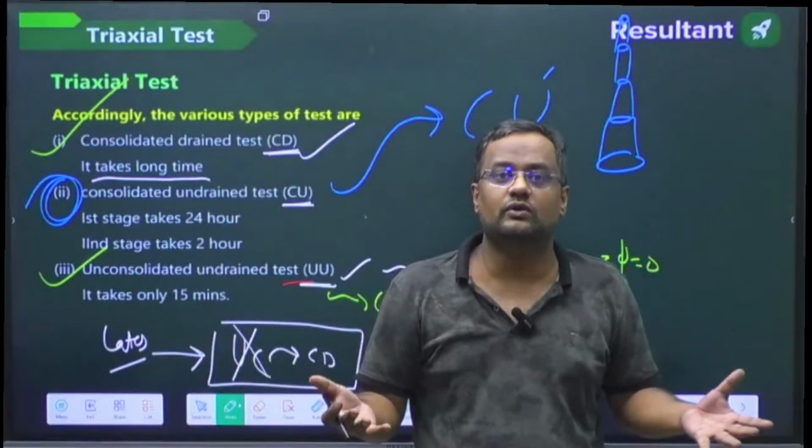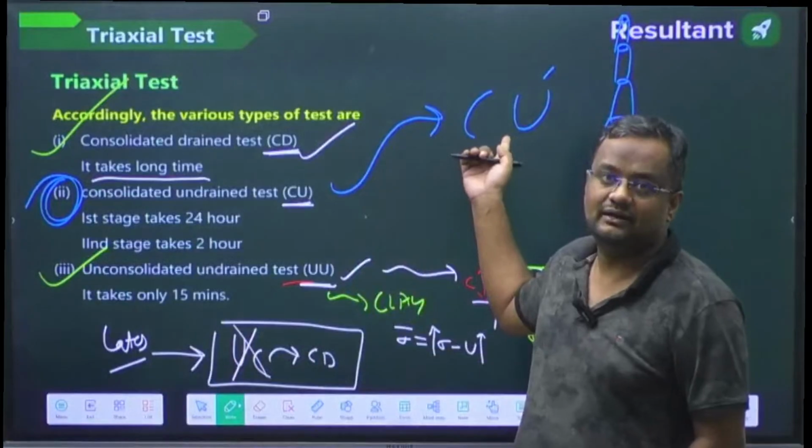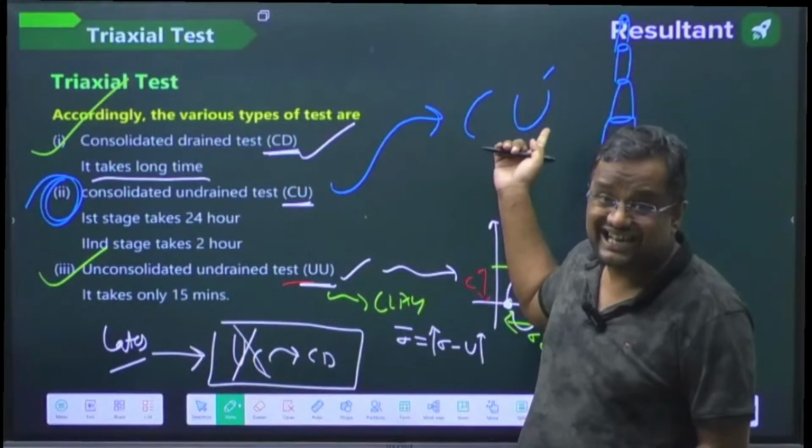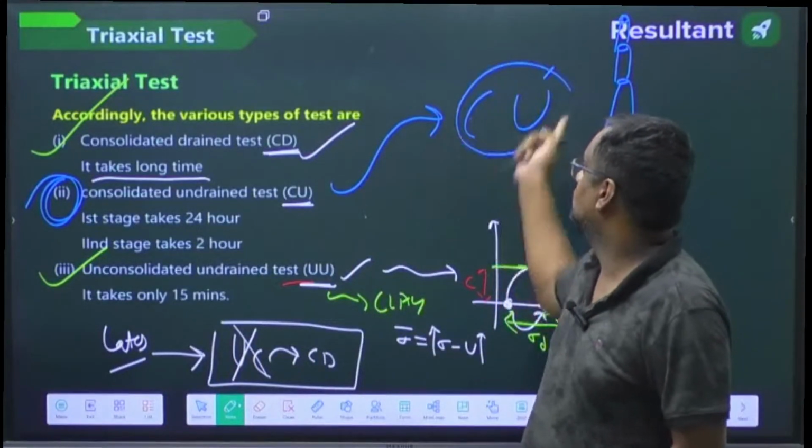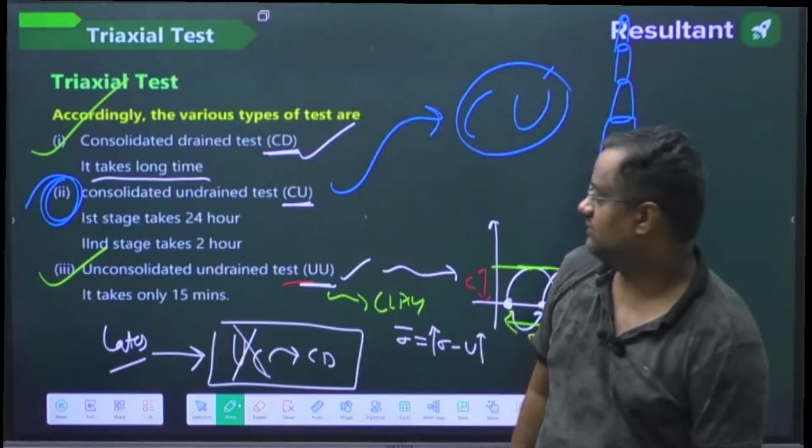So you remove the load, and at that time it will be undrained. For that instance, you will be doing the CU test.